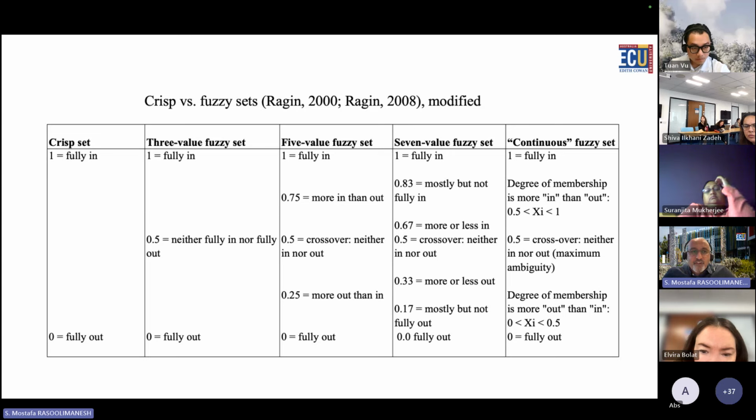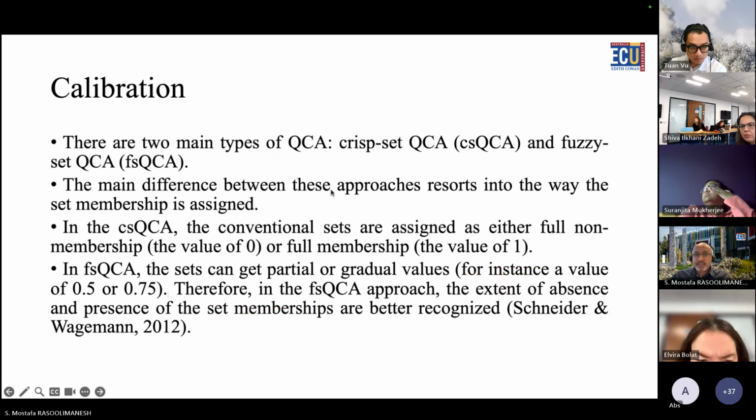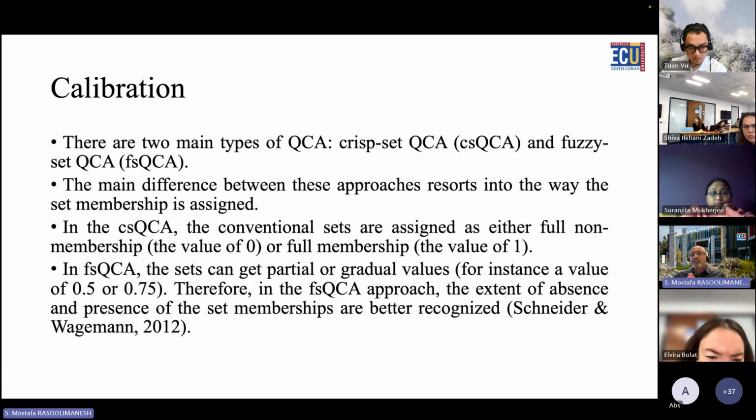If we rescale our data only based on two values, 0 and 1, this is crisp set QCA. For crisp set QCA, we only have two values and we calibrate and rescale our data to only 0 and 1.